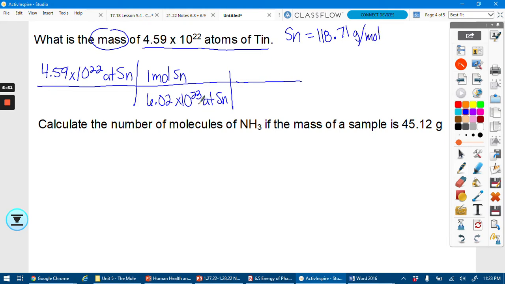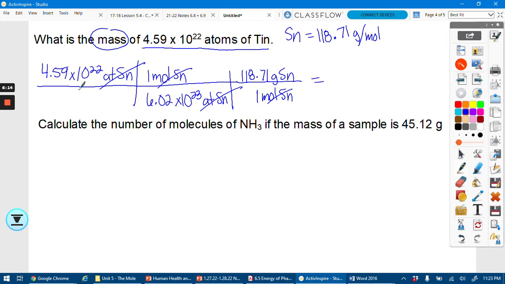So the conversion factor says molar mass over 1 mole wanted, so we're putting the 118.71 grams of tin over 1 mole of tin, and then we can cancel out our atoms of tin and our moles of tin, and we're left with grams of tin, which is what we want.